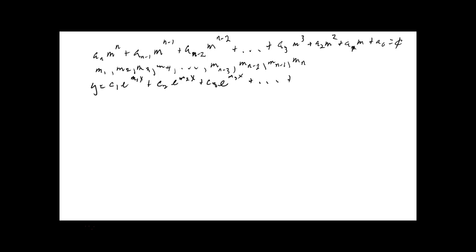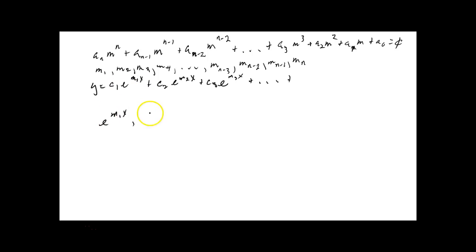However, if any of them are multiple, then some of your solutions will be e to the m1 x. How many multiplicities of m1 do you want? Name a number. 3?